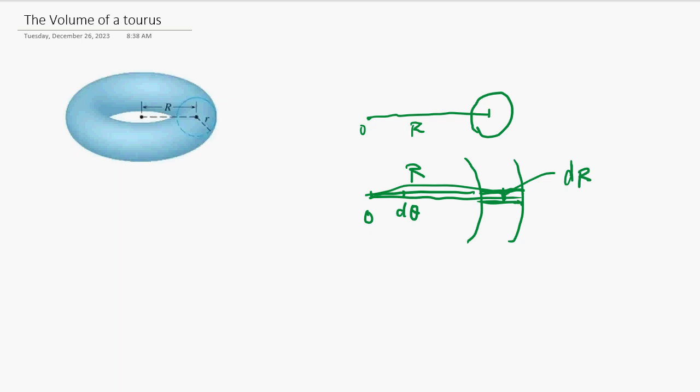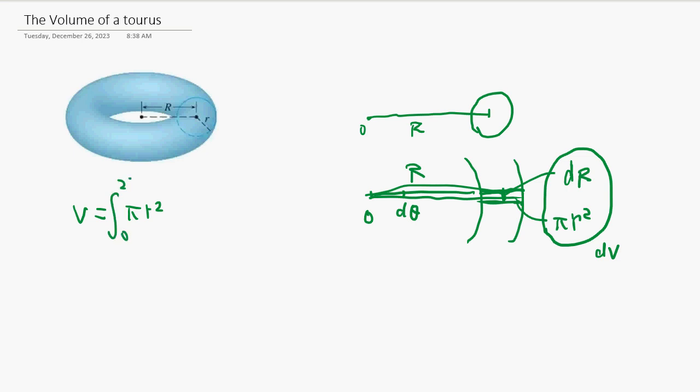So this disk has area pi r squared. You multiply by the disk thickness to get the volume, dv. So the volume is going to be the integral of pi r squared from 0 to 2 pi, right?